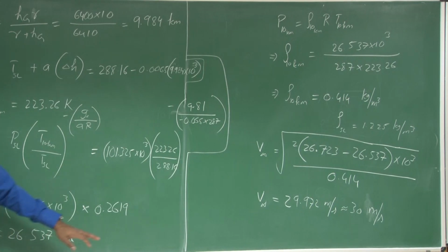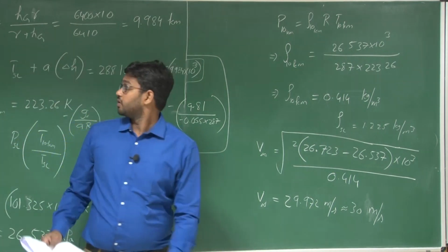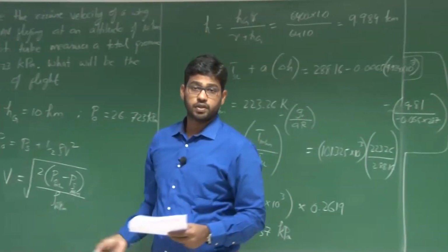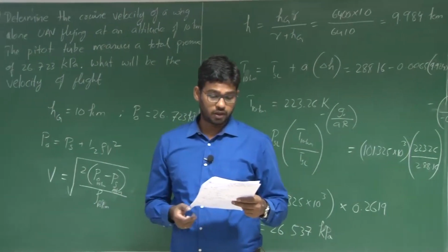So this is the velocity at which this wing alone UAV is flying, right, at 10 kilometers altitude.